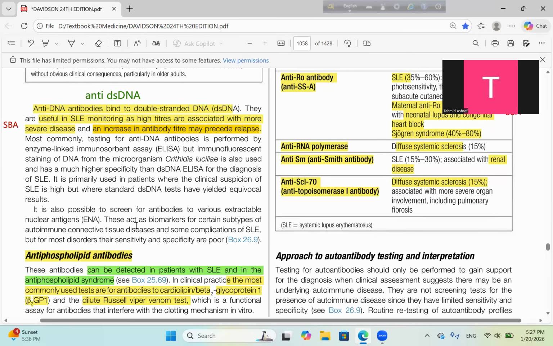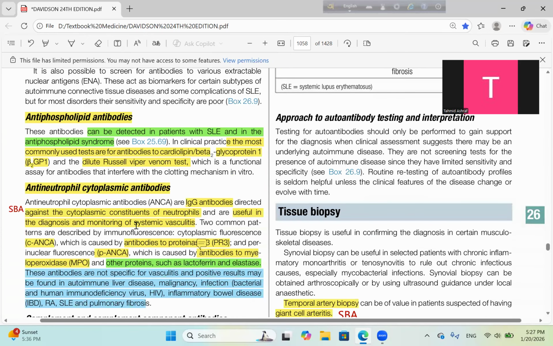Okay. Next antibody, antiphospholipid antibody. These antibodies can be detected in patients with SLE and in the antiphospholipid syndrome. So antiphospholipid antibodies are found mainly in antiphospholipid syndrome, and also they are found positive in SLE. In clinical practice, the most commonly used tests are for antibodies to cardiolipin or anti-beta-2 glycoprotein 1 and the dilute Russell-Viper venom test.